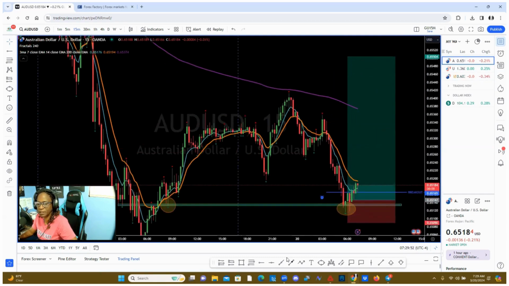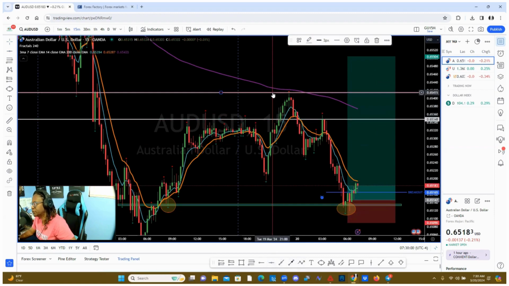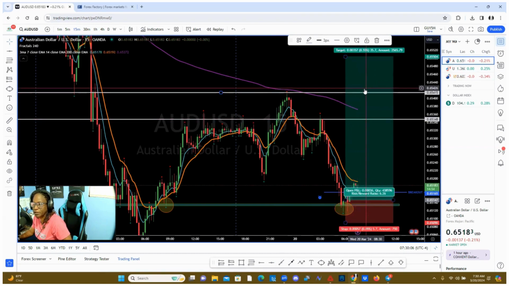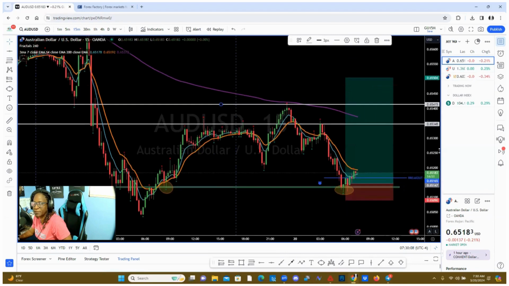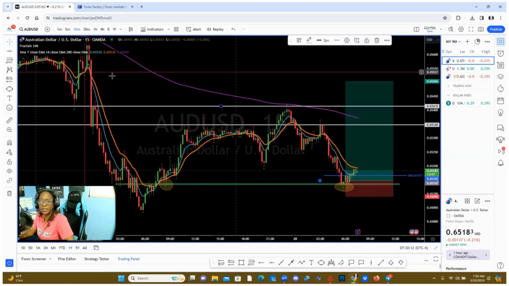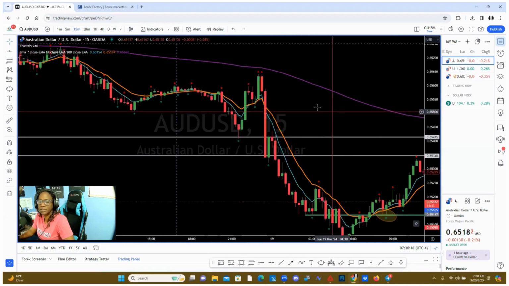Now, I'm not ignoring these areas of liquidity. I do expect that perhaps we may have to take profit here or here, but I am anticipating that price will push up into this area. There's a huge gap. You can see it. Let me just zoom a little bit.